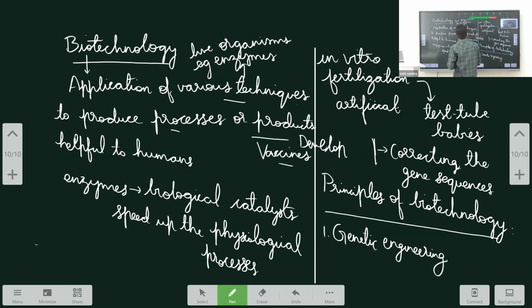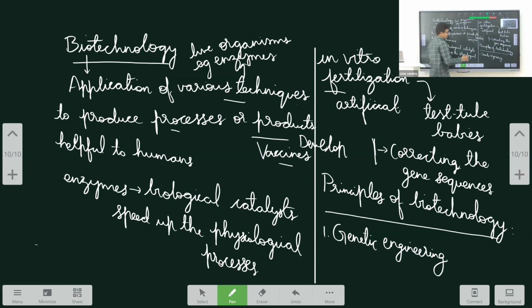From the name itself, you can guess that genetic engineering is basically making changes or modifications to the genetic material of the body. For example, the in vitro fertilization that we saw, where you would be artificially inseminating or fertilizing the egg and the sperm. In such cases, you are making that happen on a laboratory scale.